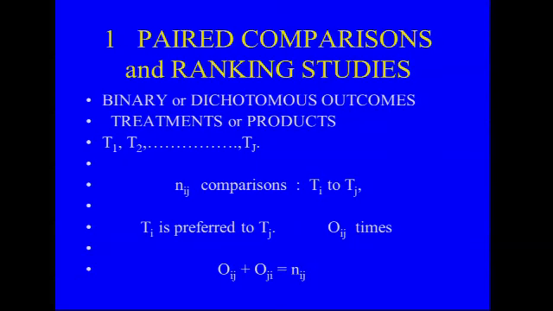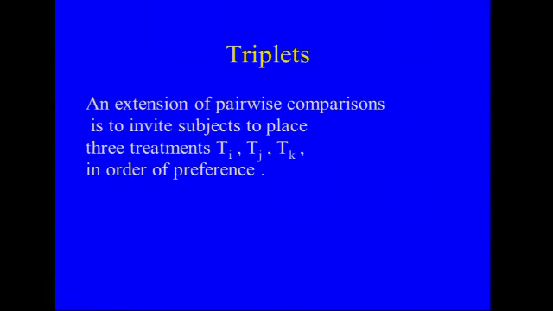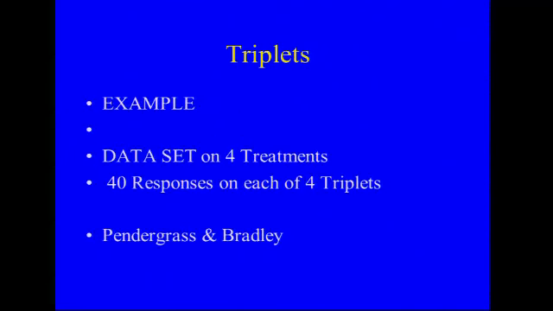If we have several treatments or products, and we present a pair Ti, Tj to Nij subjects, we observe simple frequencies: those who prefer i to j, those who prefer j to i, which must add up to the total Nij. An expansion of that would be to ask subjects to consider three products or treatments and to order them according to preference.